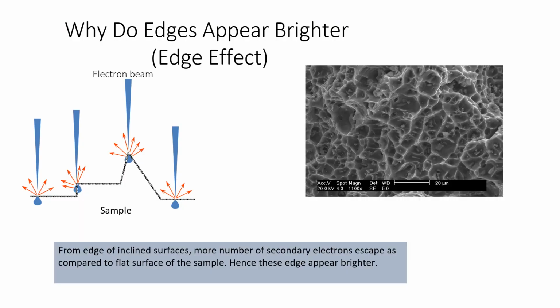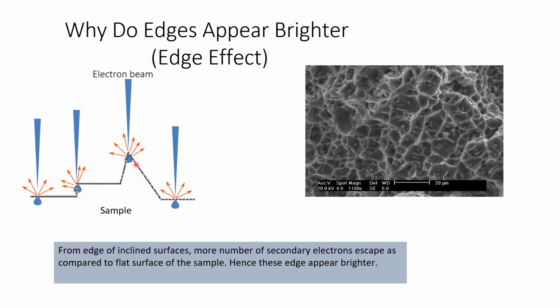So a very important question arises: why do edges appear brighter in the image? From the edges of inclined surfaces, a greater number of secondary electrons escape as compared to the flat surface of the sample. Therefore, these edges appear brighter.